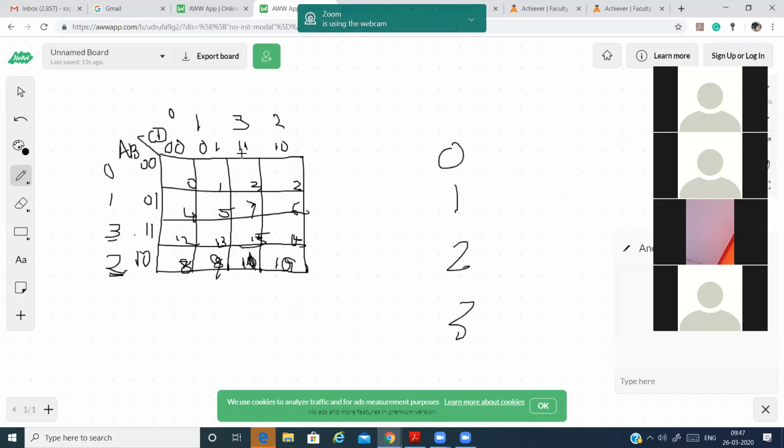Because 3 is the highest value compared to 2. That's why we first fill this box, then this box. Along the horizontal, this line of boxes has to be filled last, and this line of boxes has to be filled first.